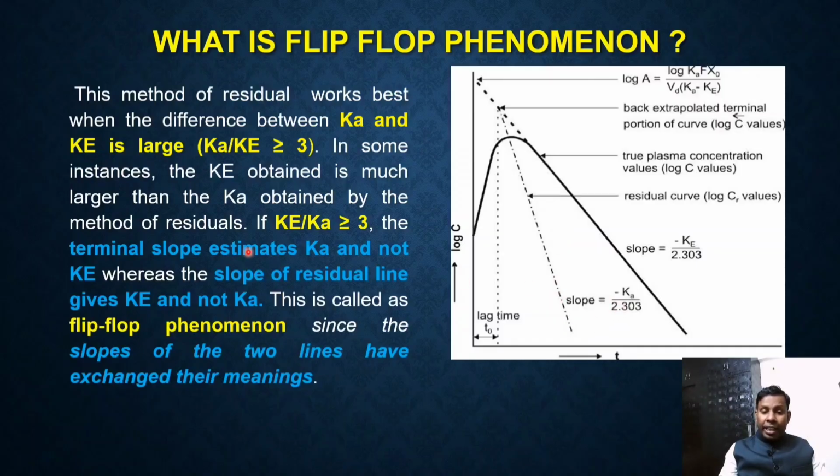But when Ke is much more than Ka, if Ke by Ka is greater than or equal to 3, then the terminal slope will give Ka and the residual slope will give Ke. This means these two lines will interchange their values. This is called the flip-flop phenomenon, since the slopes of the two lines have interchanged their meaning.